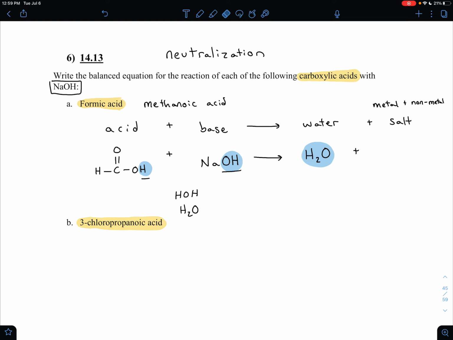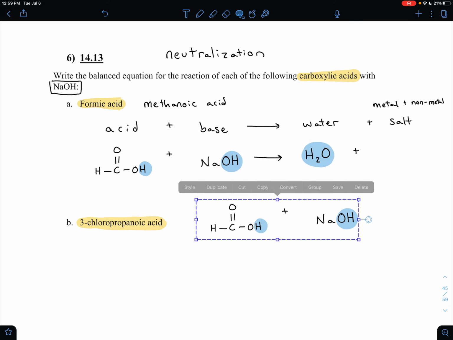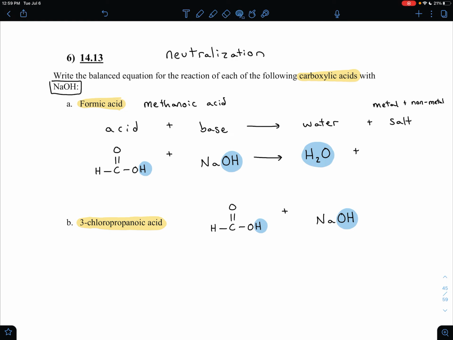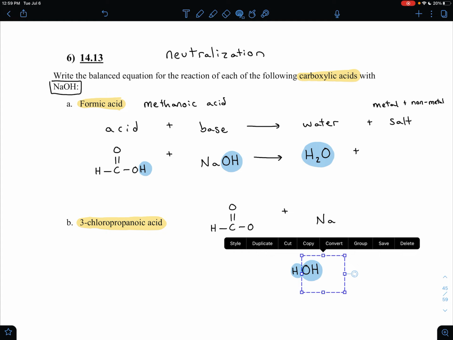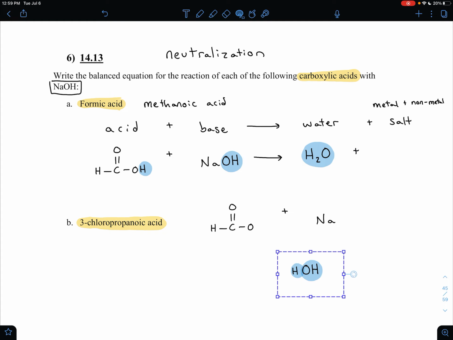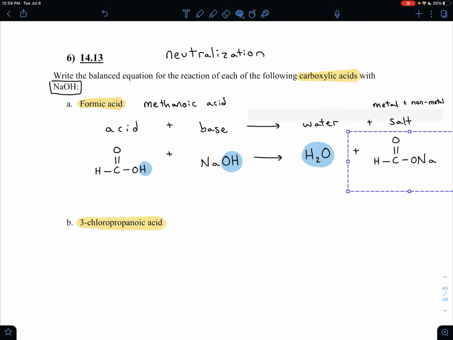The salt is going to be made from whatever's left behind once you combine those. So let me sort of duplicate these so you can see as I play around with them. If this hydrogen goes together with this OH, that's HOH, that's water. So there's our water. And what's left behind pairs up. That is our salt. You can put that there for the salt.